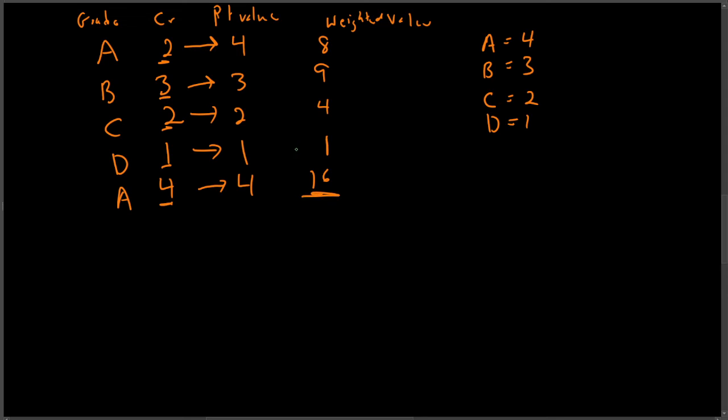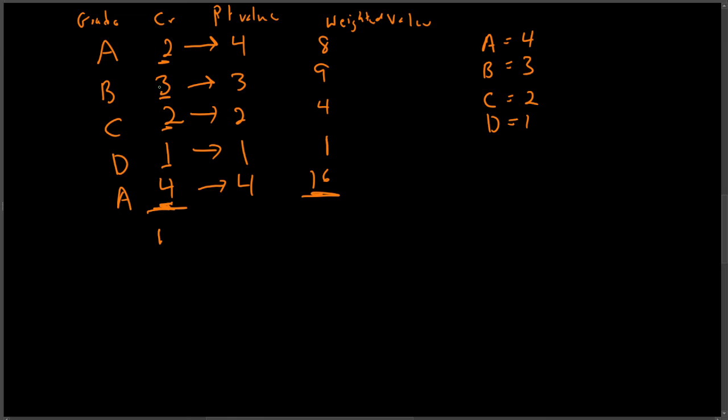Now the average of something like this is the total of the weighted values divided by, well, what is doing our weight? The credit hours. So if I add up my credit hours, I get 5, 7, 8, 12. Right? Do I have my credits right?